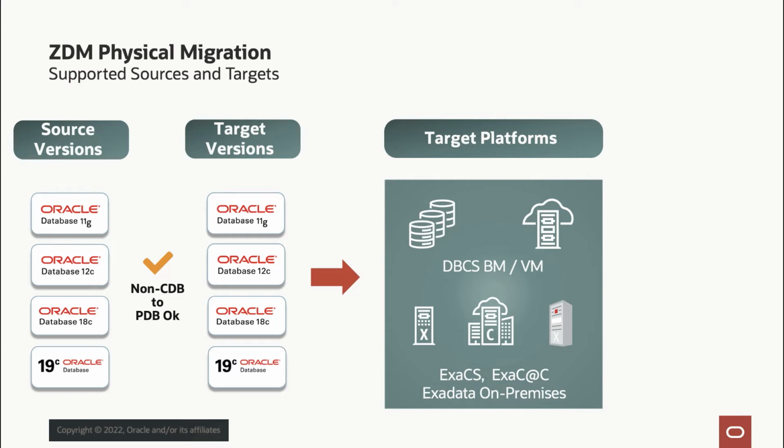But it's really important to understand that when you're doing physical migration, the source has to be the same as the target, meaning the same level for the version of the database. So if you're migrating from an 11.2.0.4 database, you have to migrate to an 11.2.0.4 database. If you're migrating from a 12.1 database, you have to migrate to a 12.1 database, from a 19 to 19, etc.